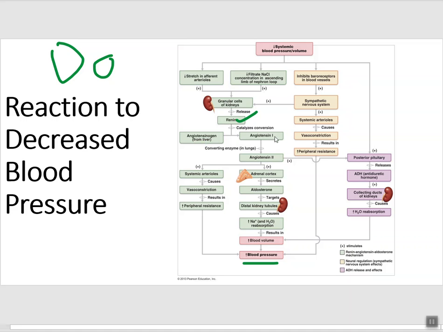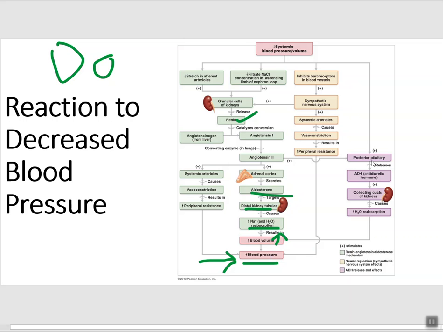Renin, we've already seen, is going to cause angiotensin II. I'm not going to go through all that. Angiotensin II, we're going to get the same vasoconstriction, which is going to cause the blood pressure to go up. Okay, that's a temporary solution. We're also going to have the aldosterone, which is going to cause us to reabsorb sodium and water, which is then going to increase blood volume and bring our blood pressure back up.